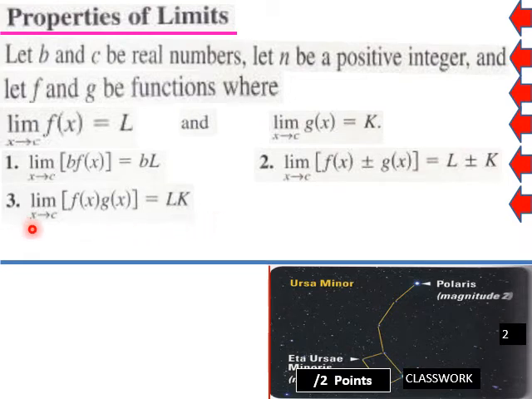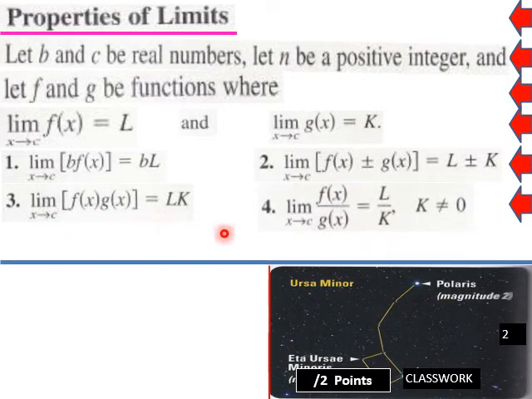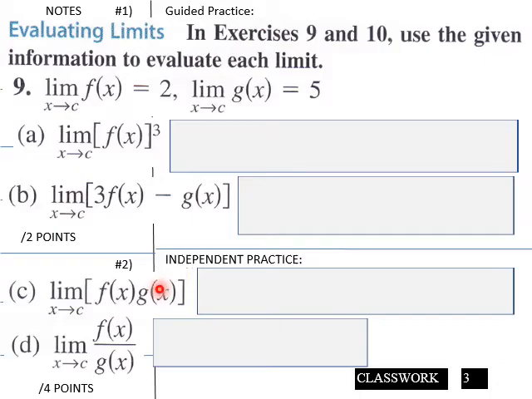Then rule number 3 here, properties, would be the limit as x goes to c of f of x times g of x would equal LK. And then the limit as x goes to c of f of x over g of x would equal L over k. And then the limit as x goes to c of f of x to the nth power would equal L to the nth power. So let's try one now.